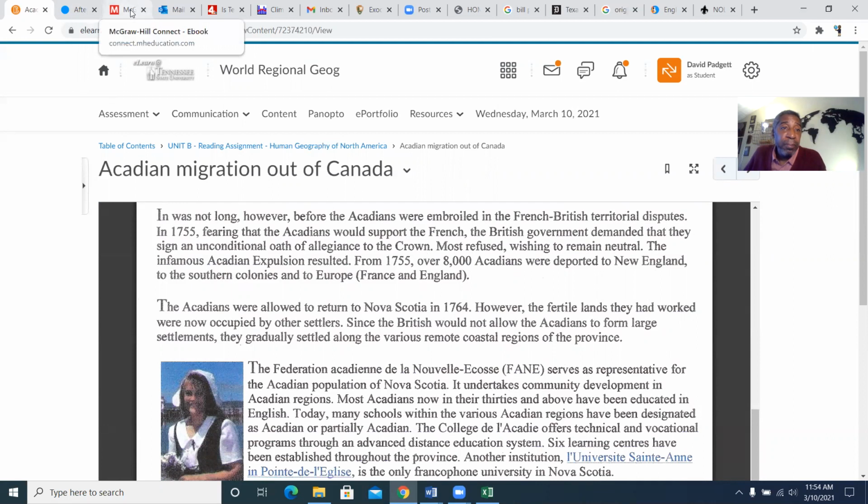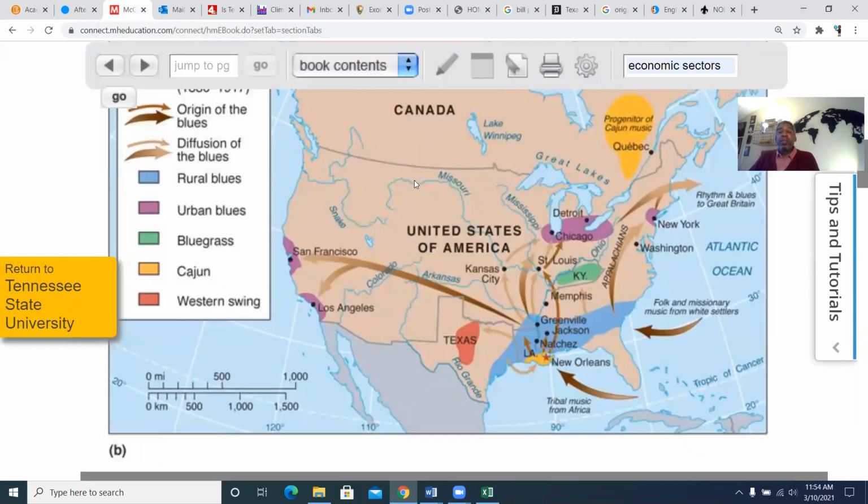Well, if you remember, during that period of time, this part of what we now know of as the United States was held by the French. It was part of what eventually became the Louisiana Purchase territory. And so a lot of the French-speaking Canadians moved to the New Orleans and Louisiana region.